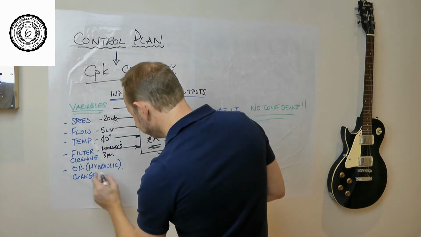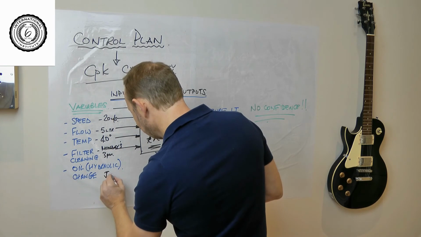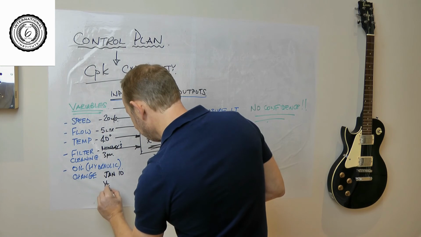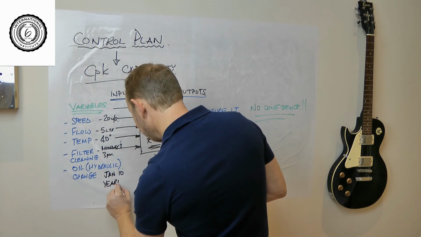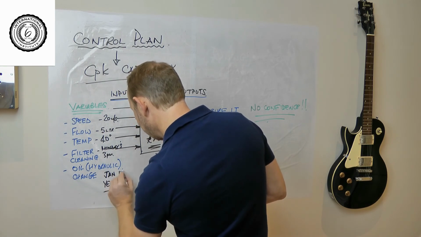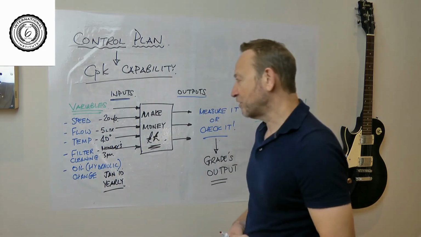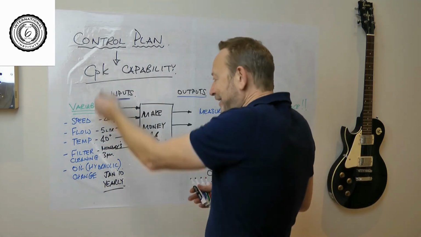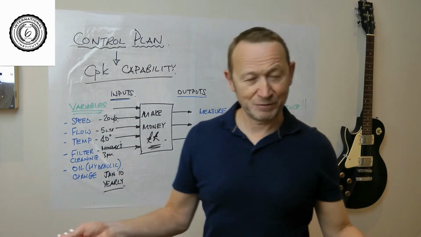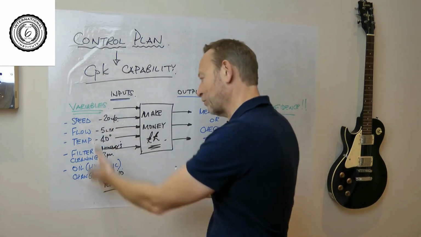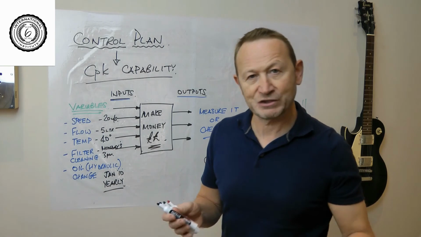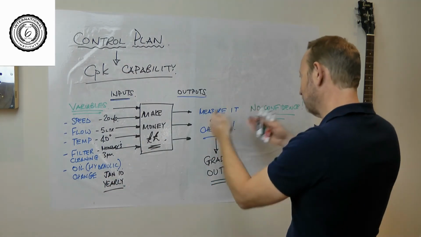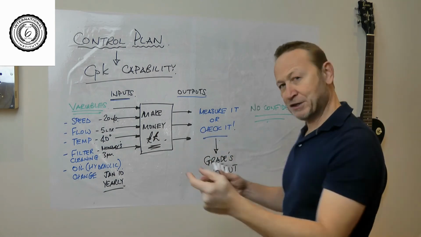Oil change, I don't know, January, 10 yearly. That sort of thing. And that is a control plan. Because if I adhere to those 5 things, now I've only put 5 things, in theory, of course, there would be hundreds of these. But if you adhere to those 5 things, those outputs work.